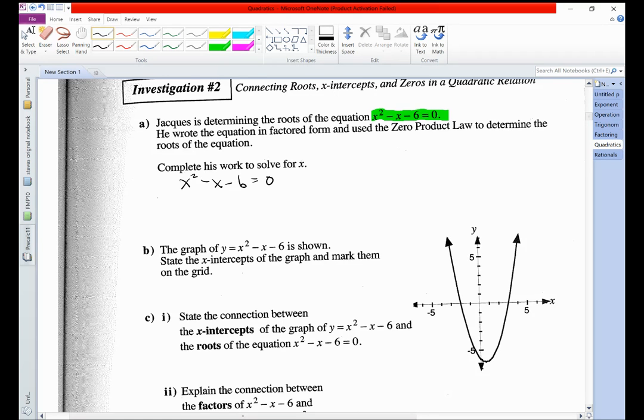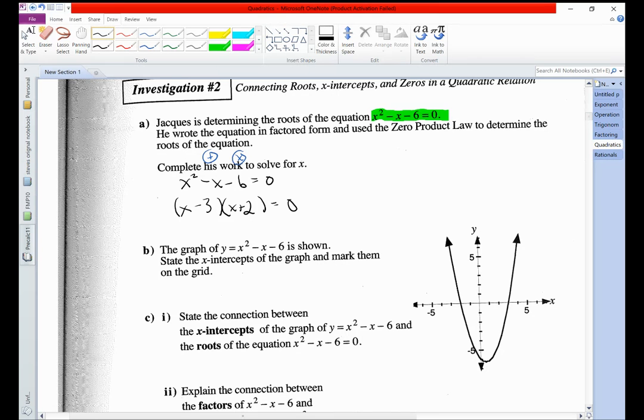And so we are factoring using inspection because there's no a value. There's no constant in front of my x squared term. So now I'm looking for two numbers that multiply to -6 and add to -1. And that will give us x minus 3 and x plus 2.